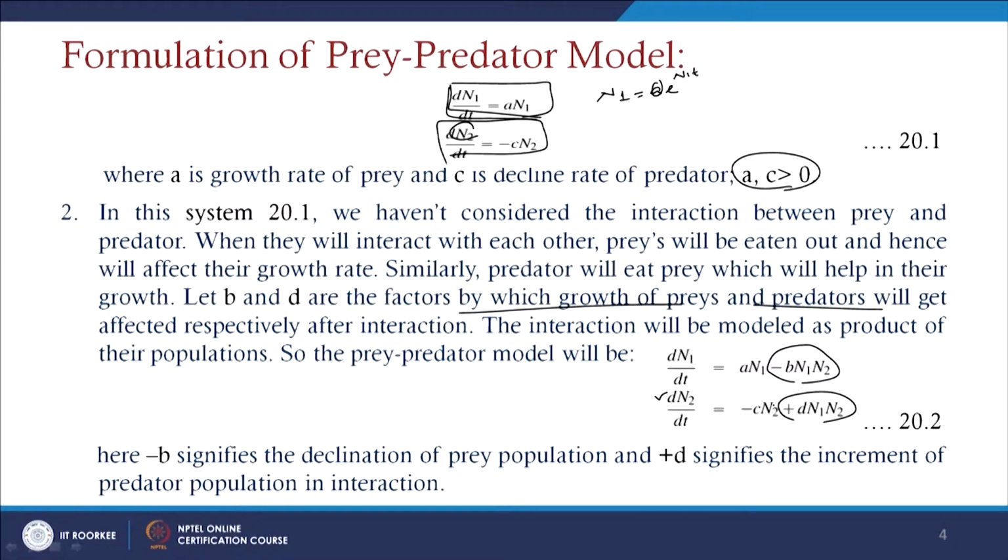So that is why we have considered a decline rate of the prey here, and a positive population growth in the predator here.